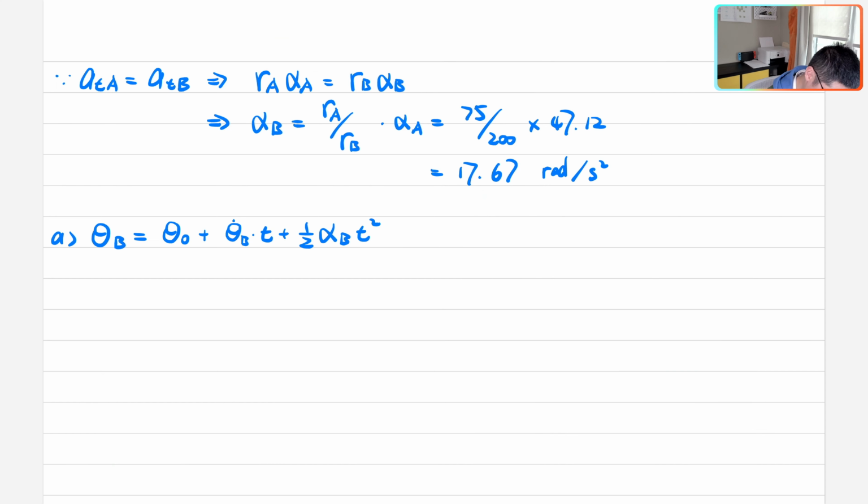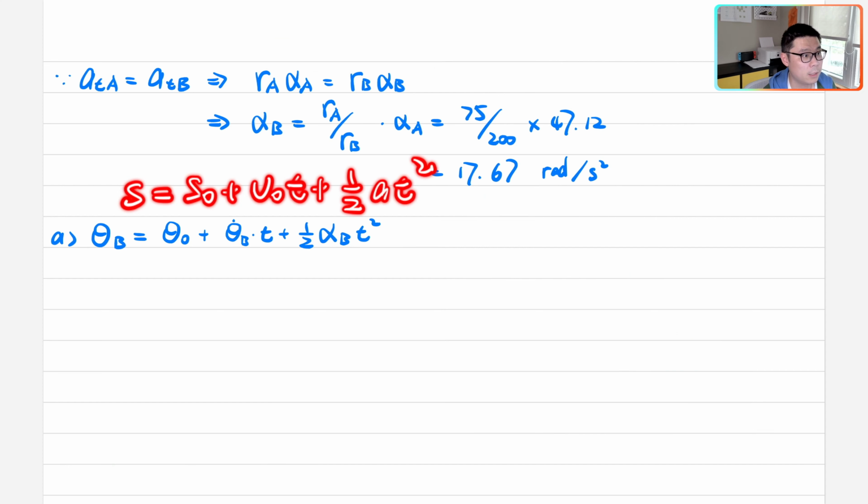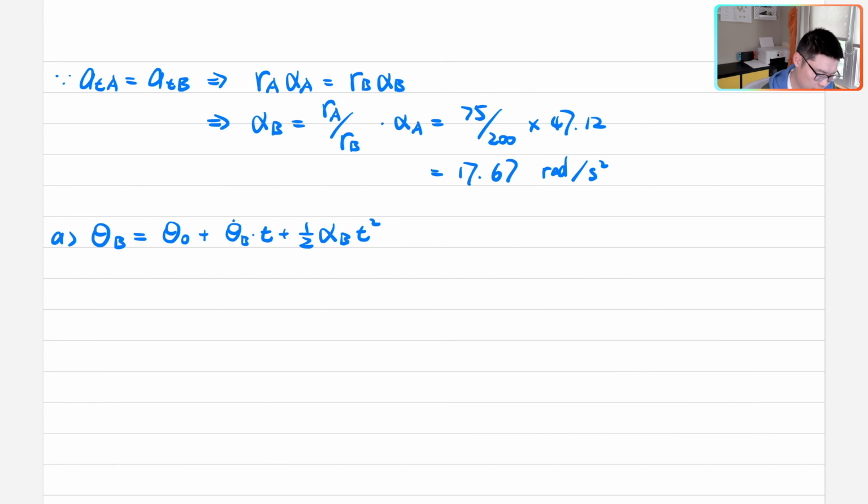If you think about this, it is essentially displacement is s naught plus v naught t plus 1/2 a t squared, comparing with the linear kinematic equations that we had before. So now in this case, both of them are 0.